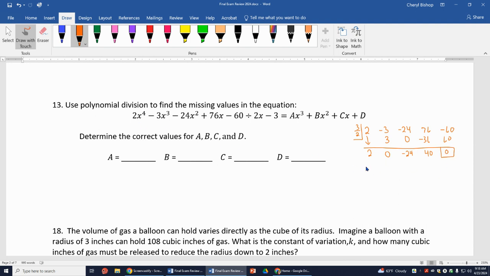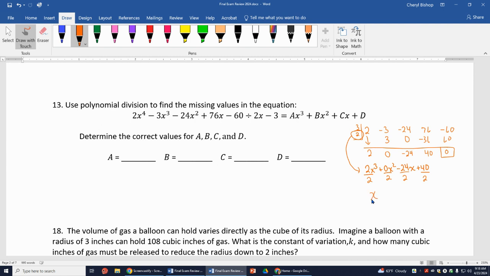This is x to the 4th, so this becomes 2x to the 3rd plus 0x squared minus 24x plus 40. Now, because I have this denominator, I need to divide each of these by that denominator to get the correct coefficients.